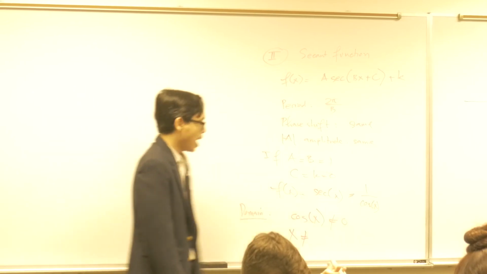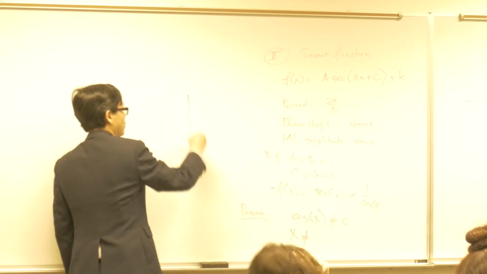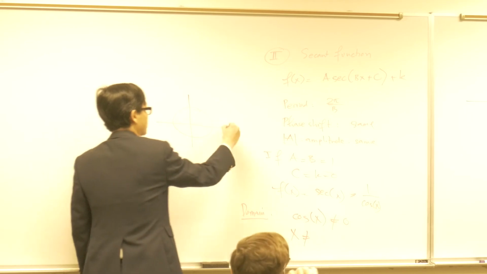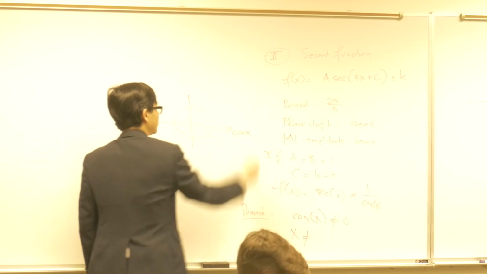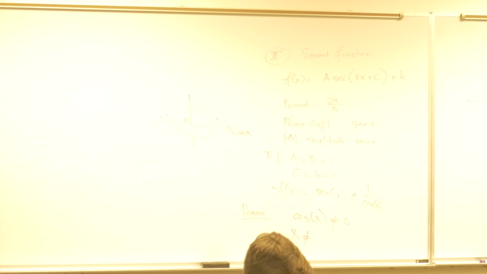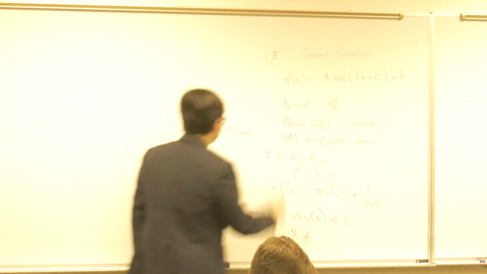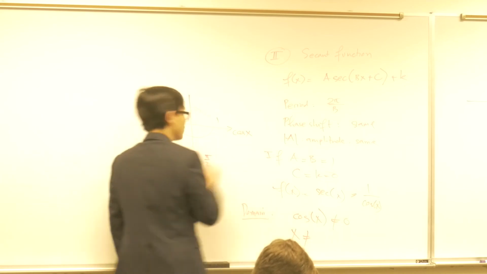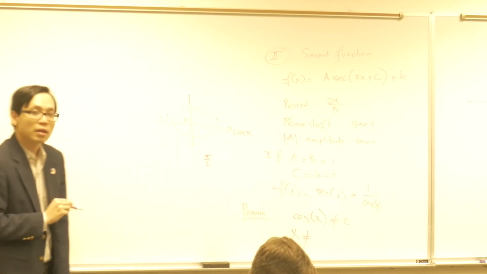Now, again, we're going to look at the unit circle. This is cosine. This is 1, 0, negative 1. What will be the angle so that the cosine of x turns out to be 0? Yes? Pi over 2. Wonderful. Any other angle? Yes, 3 pi over 2.